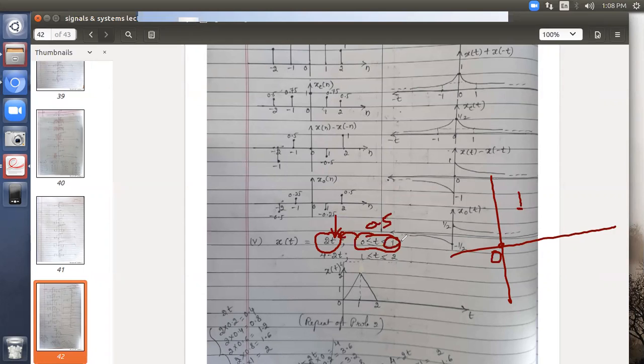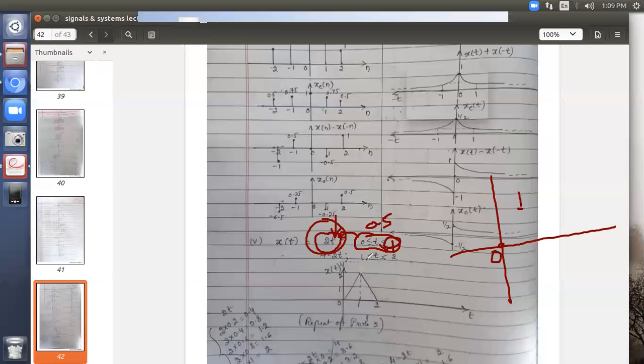And take t equals 1, 2 into 1 will be, not 1 exactly, it should be less than 1. Suppose you take t equals 1, what value will you get?